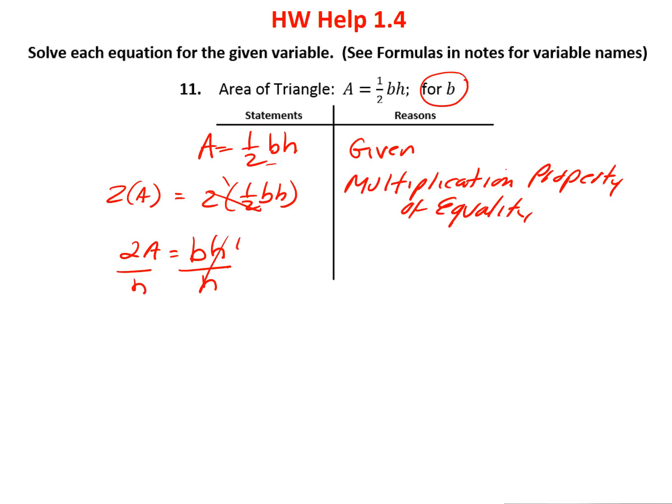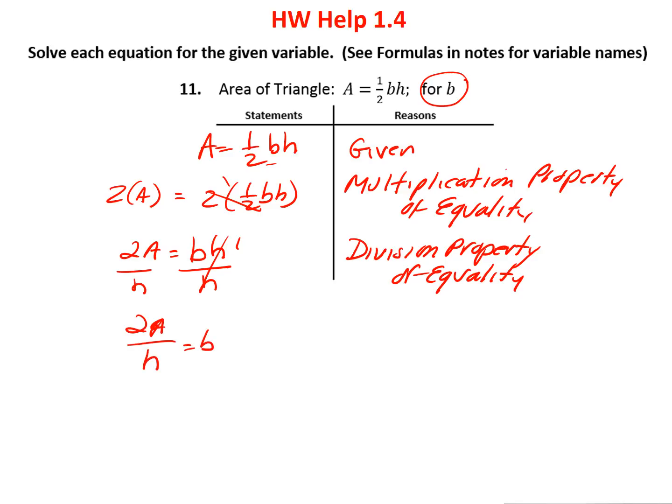H divided by h is 1, and this is the division property of equality. And so we have 2A divided by h equals b, or I can turn it around to write it more properly. B equals 2 times the area divided by the height. Okay. This time we solve for b. Notice you could do the same problem. They could ask you to solve for h sometime, and you'd end up with something very similar.